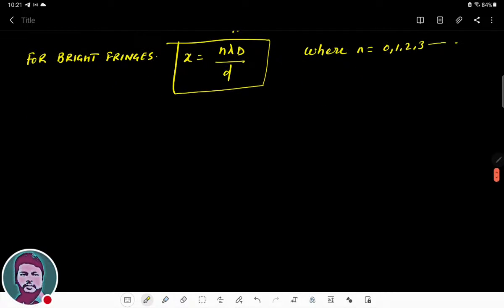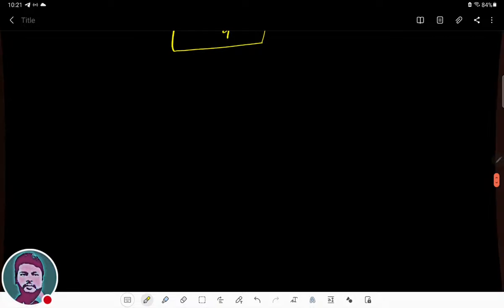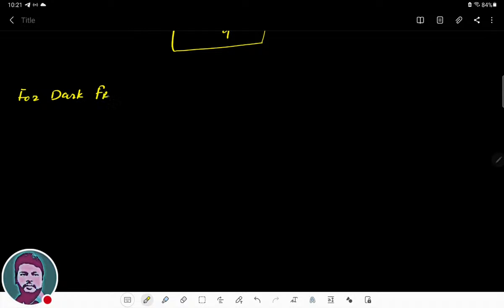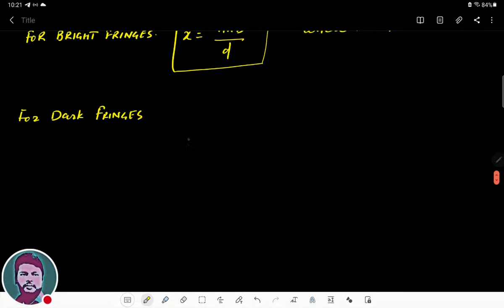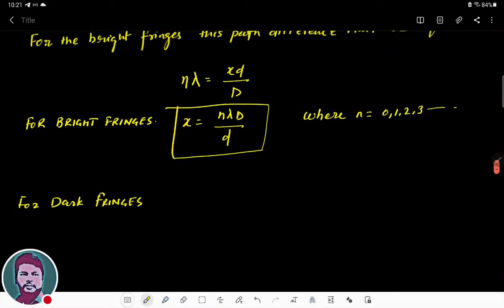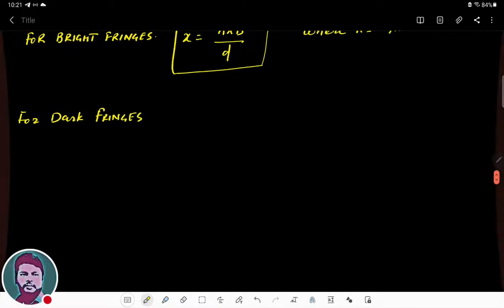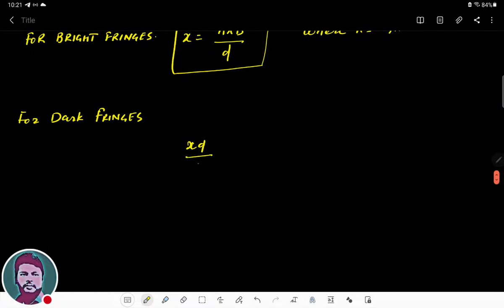See, for bright fringes. All right. Now same as for the dark fringes, we have the value that the path difference xd over d must be equal to 2n minus 1 lambda by 2.